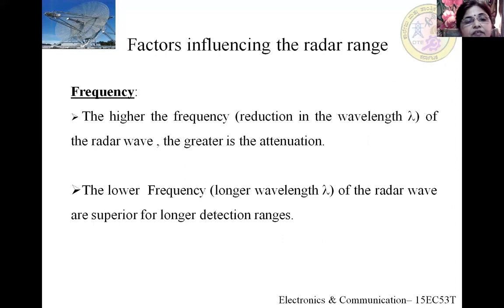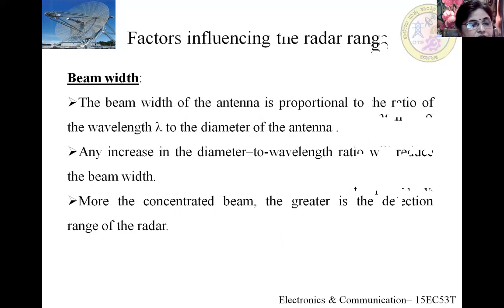Next, we have the frequency. The higher the frequency of the radar wave, the greater is the attenuation. Lower frequency radar waves are superior for longer detection ranges. Next we have the beam width.